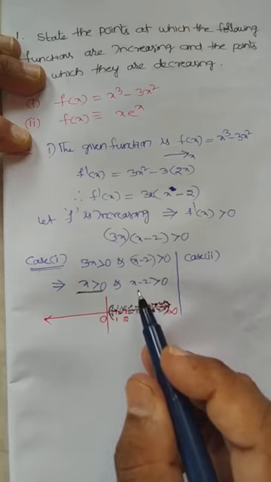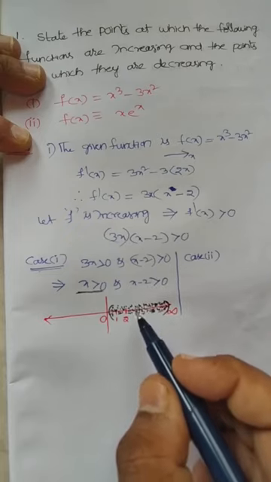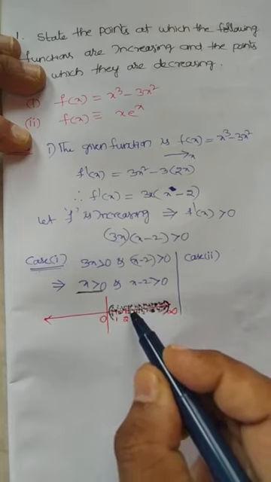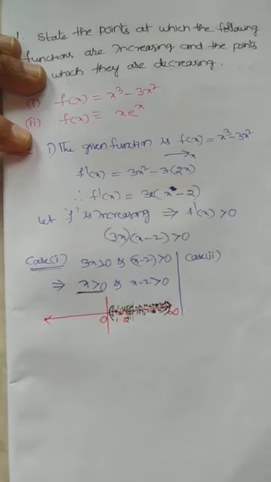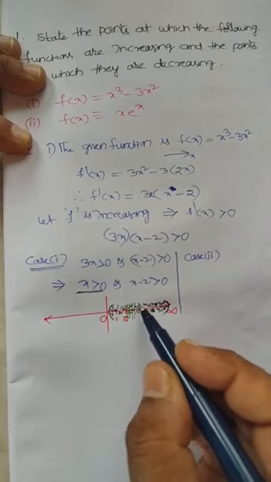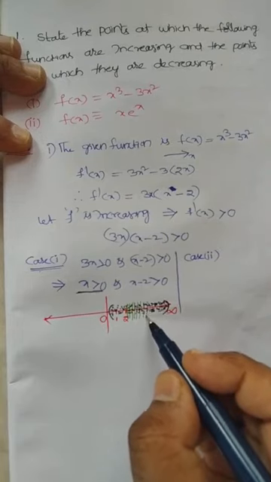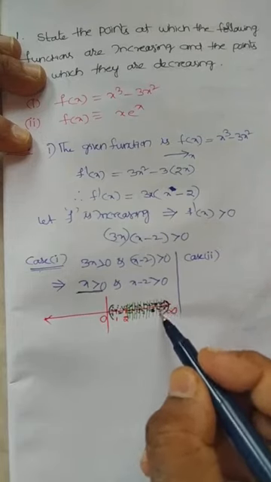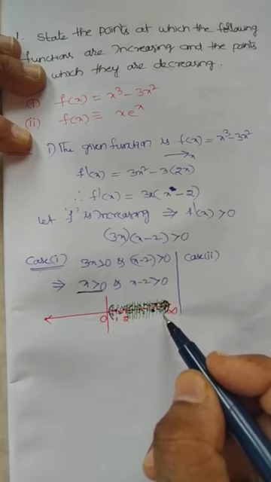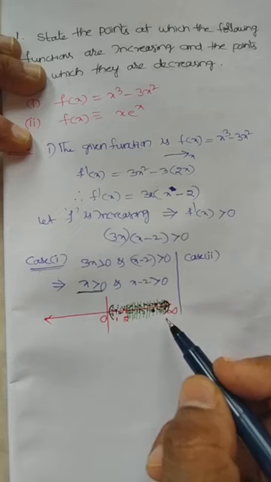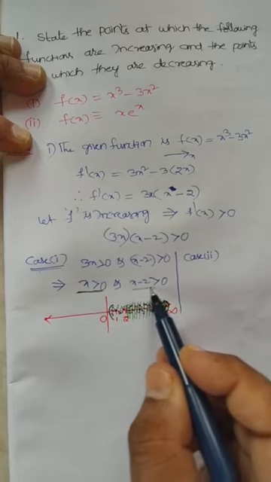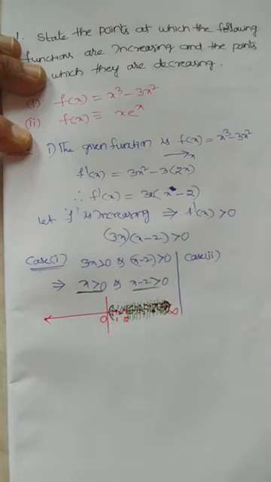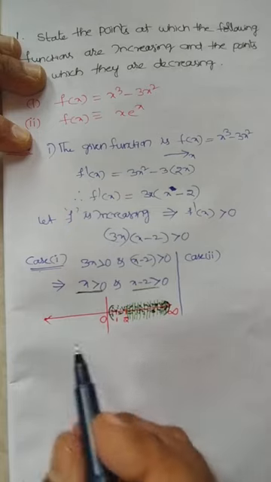So from where does this case arise? After 2, up to infinity. This green line represents the second relation on the x-axis, up to infinity. What is the common relation which obeys the two conditions?